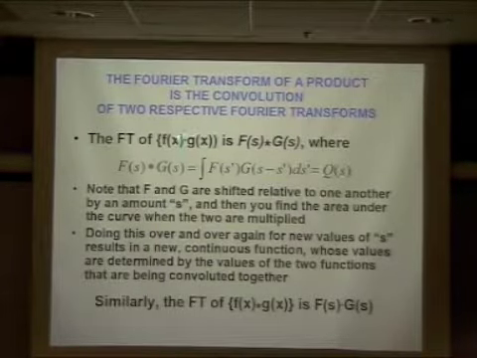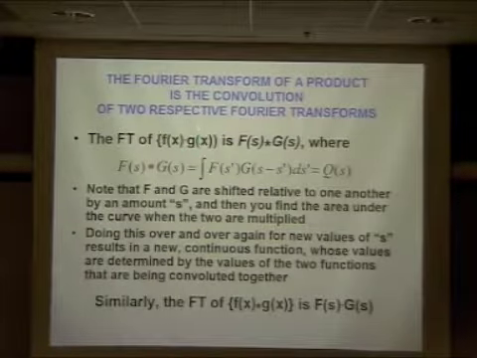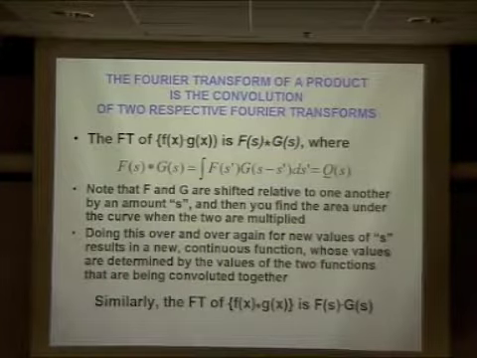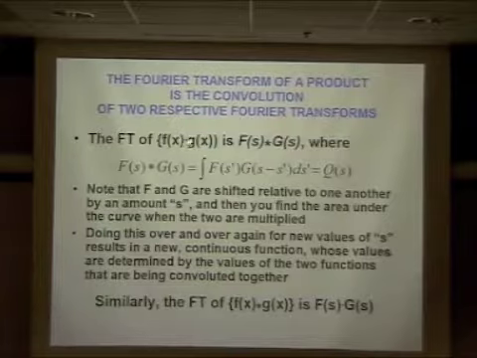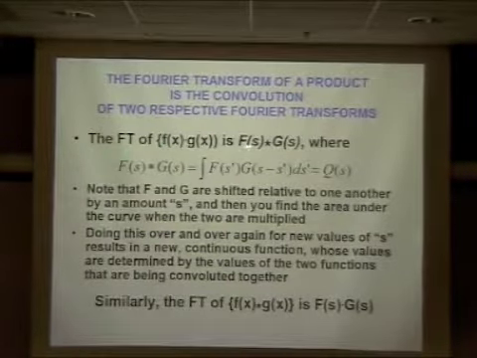I'll pick real space. I have two functions in real space, and I'm going to take the product of these two functions. You might wonder, why would you do that? We'll see the applications shortly. So I have the product of two functions, and I take its Fourier transform.